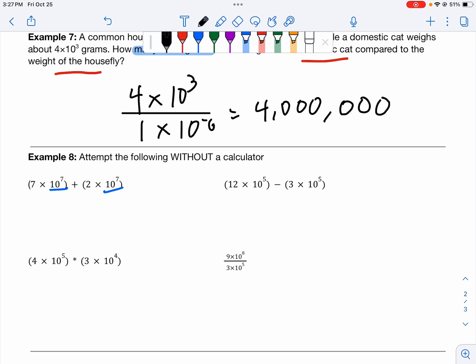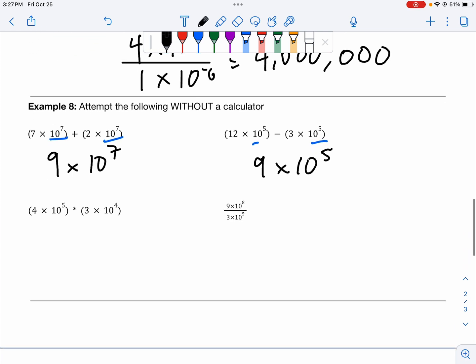So 7 times 10 to the 7th plus 2 times 10 to the 7th would be 9 times 10 to the 7th. It kind of makes sense. We're going to do some light calculation here without a calculator. All right, now here with subtraction. 12 times 10 to the 5th, that's not in scientific notation, but that's okay. We've got 12 times 10 to the 5th and 3 times 10 to the 5th. 12 minus 3 is 9 times 10 to the 5th.